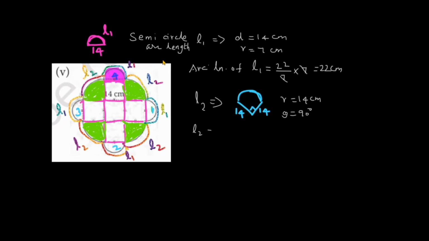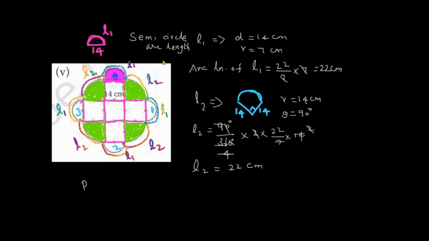So L2 is equal to the arc length of this, theta by 360 into 2 pi r. So cancel 2 times, then 0, 0, 4 times, then 2, 2 can cancel 4. So L2 we are having 22 centimeter.